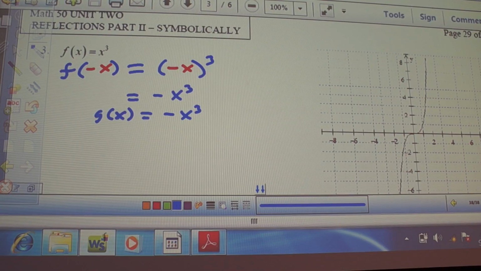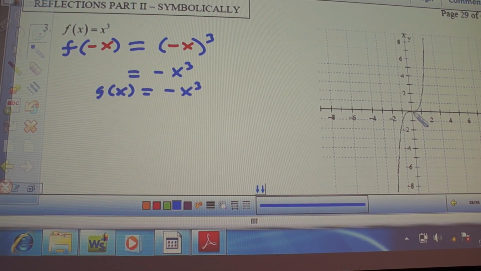Now I'm going to graph it and reflect it across the y-axis. I'm going to pick five spots here and reflect each one of them across the y-axis.